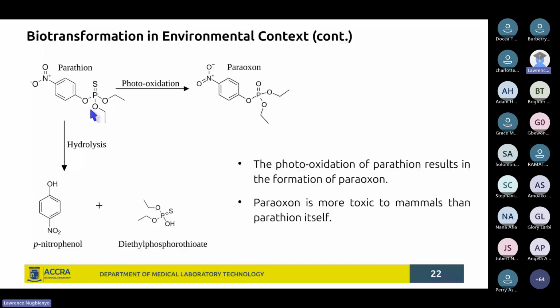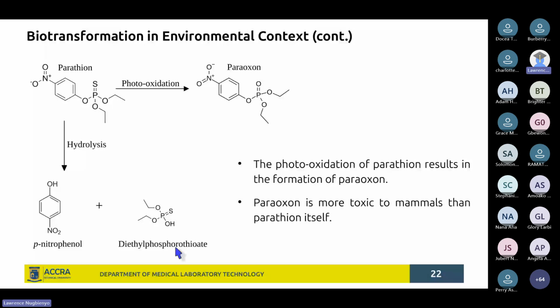And you have also the process of hydrolysis, which is breaking off this phosphorothioate group to give you a diethyl phosphorothioate, which is cleaved off.